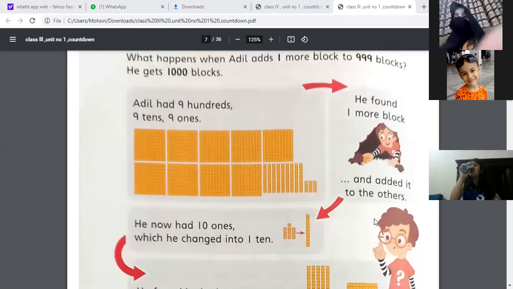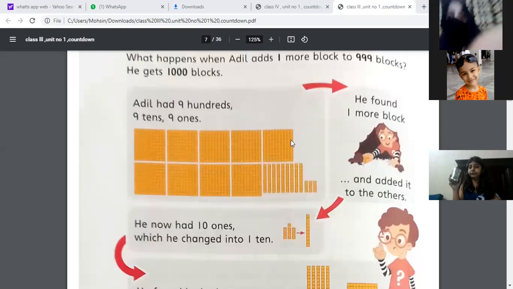He found one more block and added it to the others. He now had 10 ones which he changed into 10. He found he had 10 tens which he changed into 100.